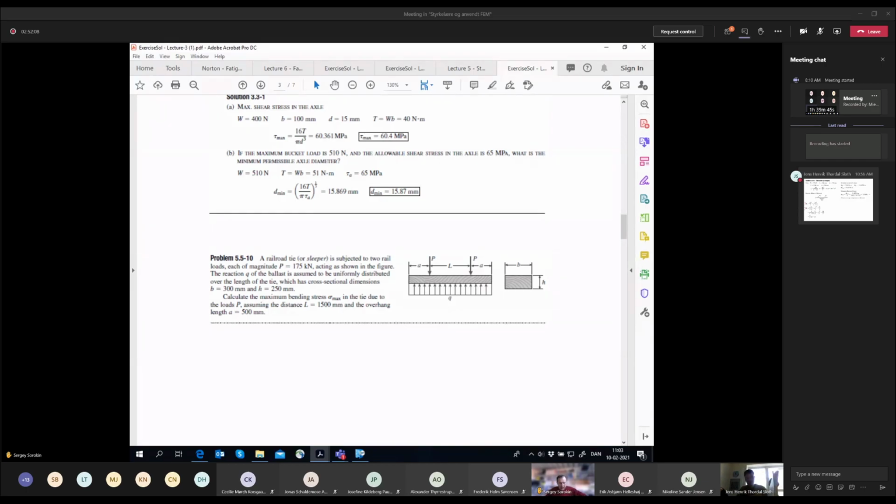But no, because here you have to calculate the moment which is produced by this distributed load.